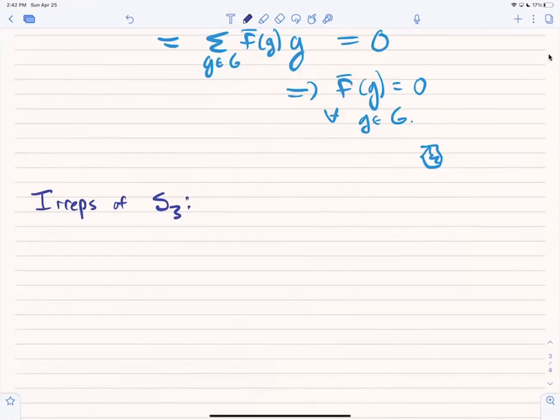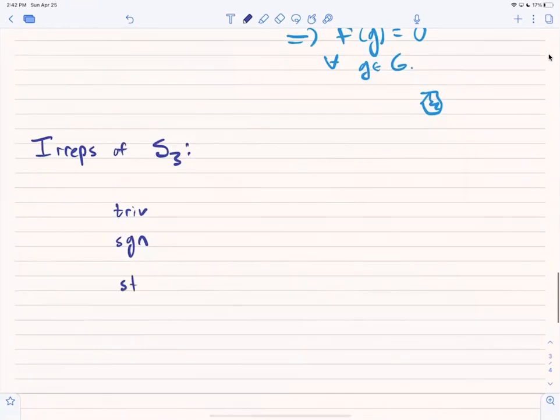Okay, well, we know what these are. There's a trivial representation, the one-dimensional trivial representation. There's the sign representation. And there's a standard representation.